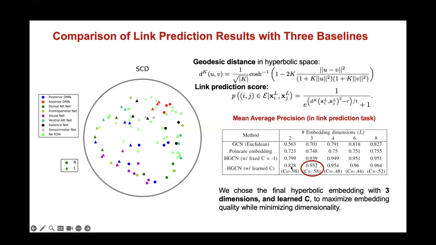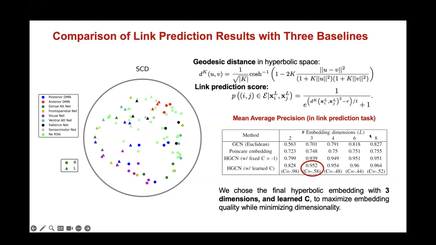Another finding is consistent with the very initial paper from 2017: with hyperbolic embeddings, we need fewer embedding dimensions compared to Euclidean spaces.